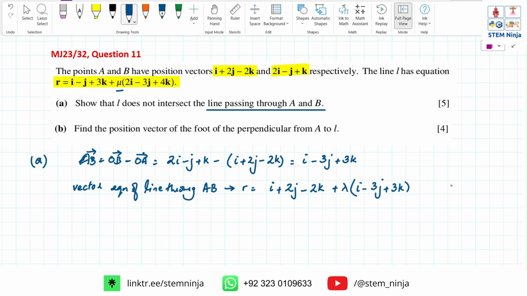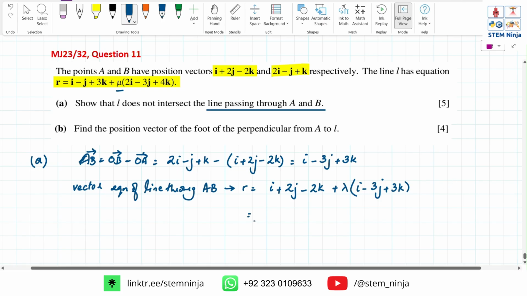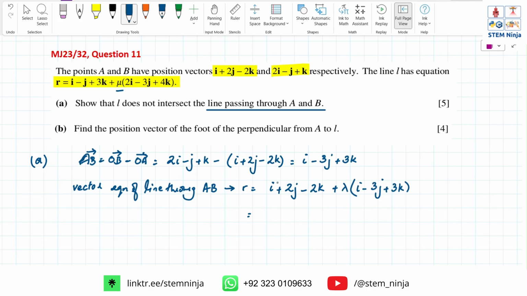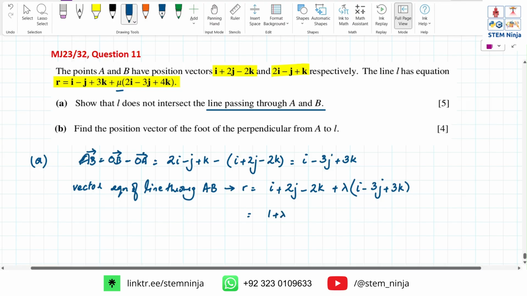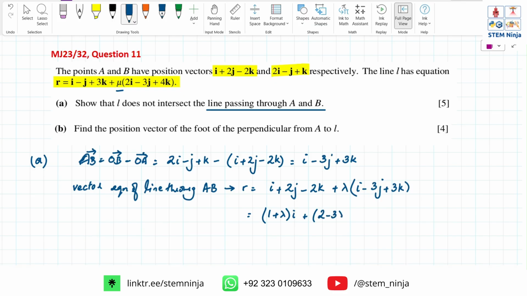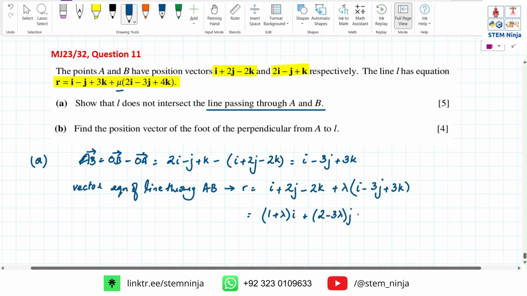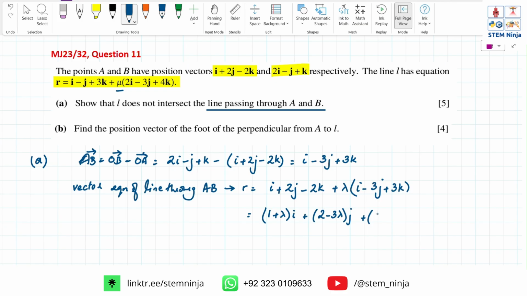Now this is the equation of the line. To convert it into the parametric form, we lump the i, j, k components together. So 1 plus lambda i, plus 2 minus 3 lambda j, and 3 lambda minus 2 k. Now this is the parametric form.